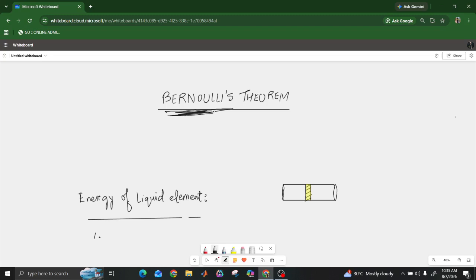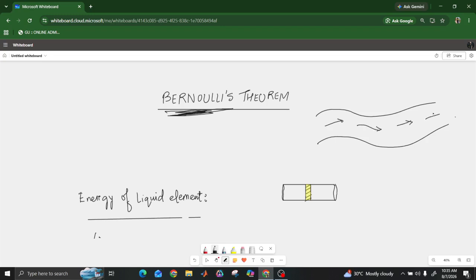Let's suppose we consider this is a small fluid element of a flowing fluid. Suppose this is a flowing fluid, and fluid is flowing like this.